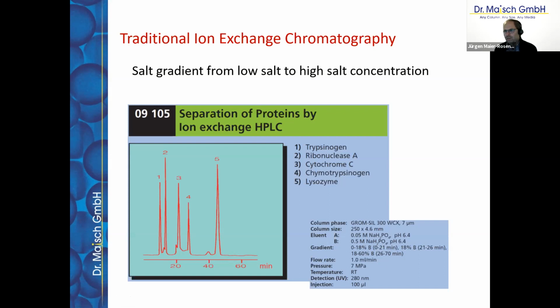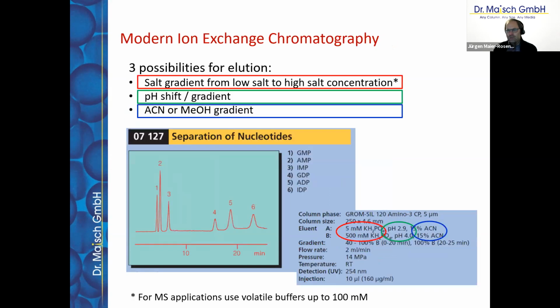And if we look at these high buffer concentrations, that's not the mobile phase which is wanted in modern chromatography, especially if you also want to use an ELSD detector or a mass spectral detector. Good.